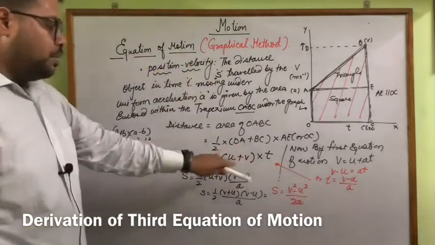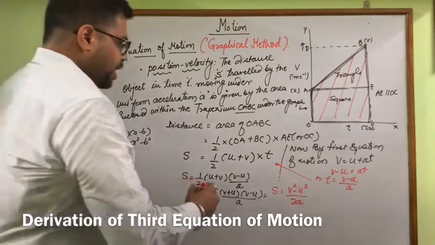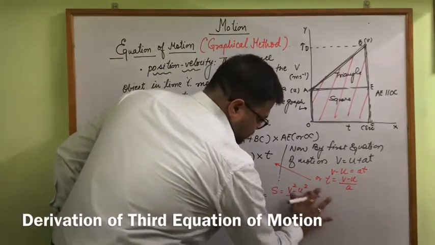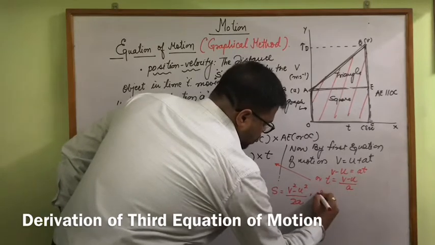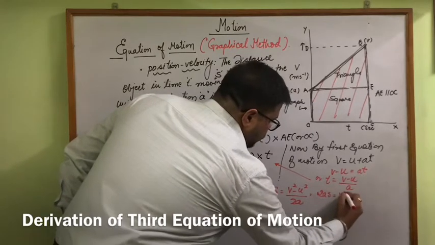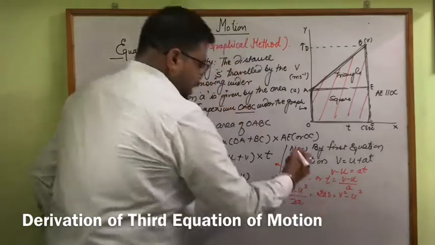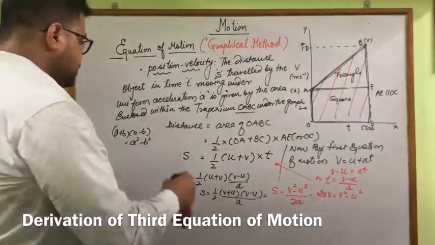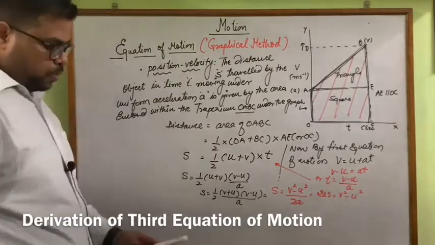Now by cross multiplication we can write 2AS equals V squared minus U squared, and this is the third equation of motion.